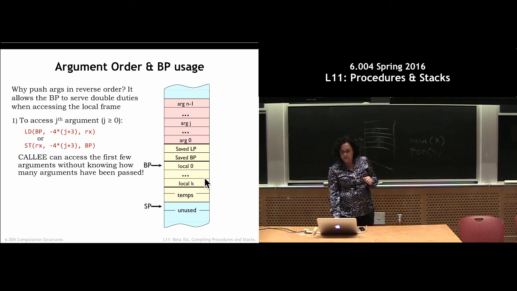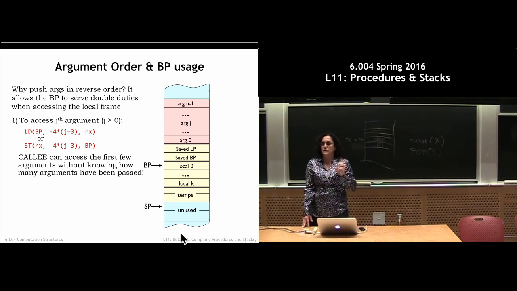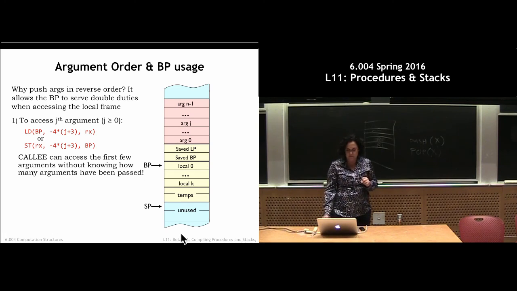So here's what my callee's stack looks like. You have your arguments in red here, which were pushed on in reverse order. You then have your saved LP, saved BP, whatever local variables you put on, and then you store whatever temporary variables plus whatever registers you're going to use. Now, if I want to access the jth argument, we said that argument 0 is always located at BP minus 12, right?